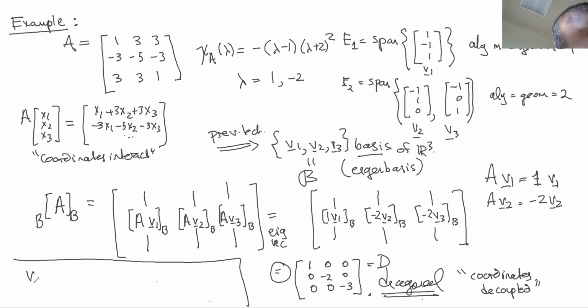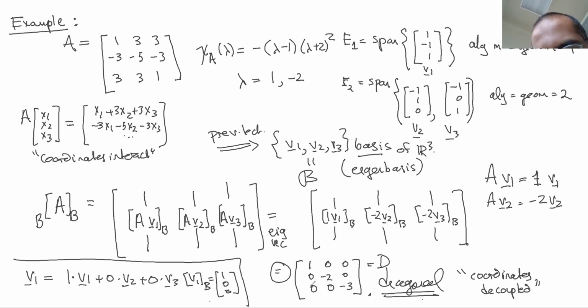So let's express v1 as 1 times v1 plus 0 times v2 plus 0 times v3. So the coordinate vector of v1 in the B basis is 1, 0, 0. And that's why I have 1 times 1, 0, 0 here. Does that make sense? Yeah, that makes sense. So for v2, it would be in the second entry because it's the second vector. Yeah, I understand. Okay. Thank you.